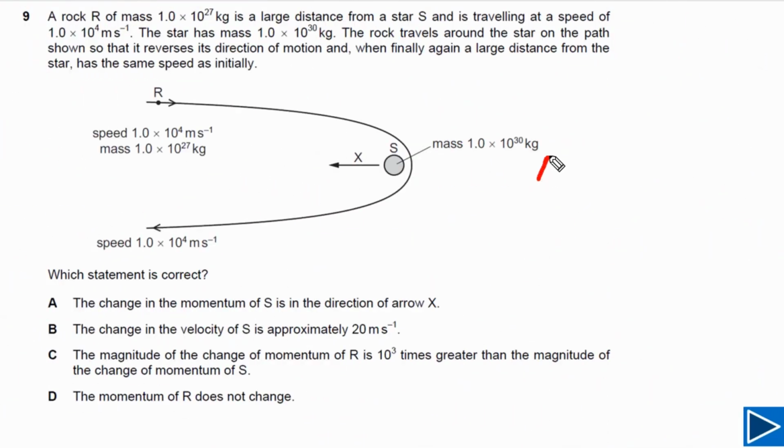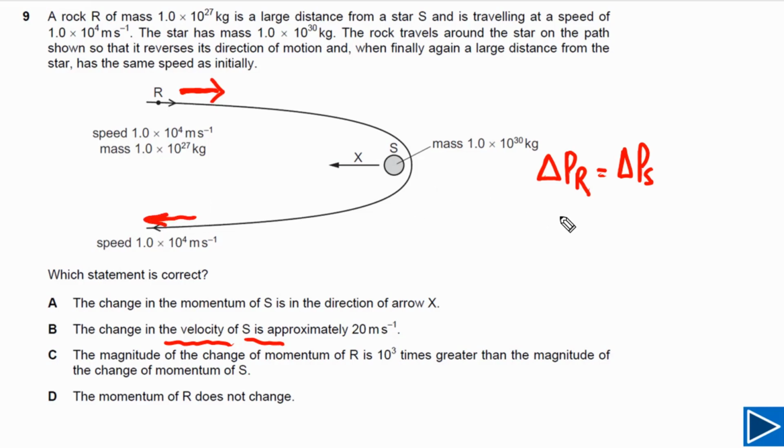We have already discussed that the magnitude of change in momentum for rock and also the magnitude of change in momentum for star, they are the same. Now simply we need to calculate change in momentum. Now first of all, let's try to find out change in momentum for rock. As you can see here, at this point the rock is moving to the right and here the rock is moving to the left.